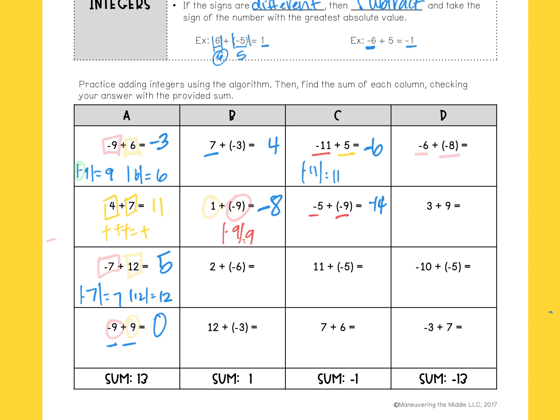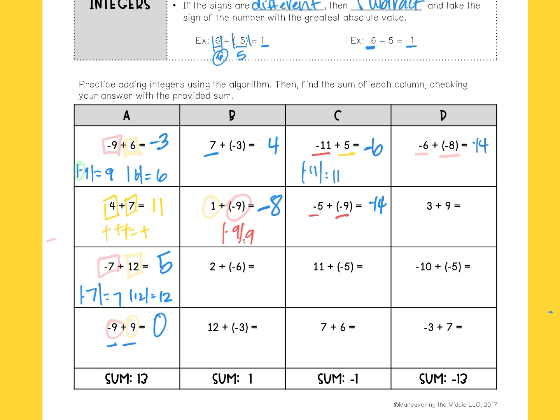So I have two negative numbers. That means my answer will also be negative. 6 plus 8 is 14, and a negative plus a negative equals a negative, so negative 14.